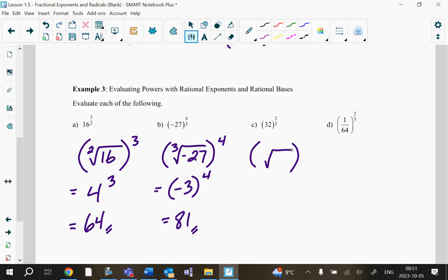Anybody? What goes here? So that means fifth root, 32. And then whatever that answer is, we have to square it after. Now, we haven't done much with fifth roots, but just think about it. It can't be a big number, because what number times itself, times itself, times itself, times itself would give you 32? 2. Has to be a small number. And I still have to square it to get a final answer of 4.